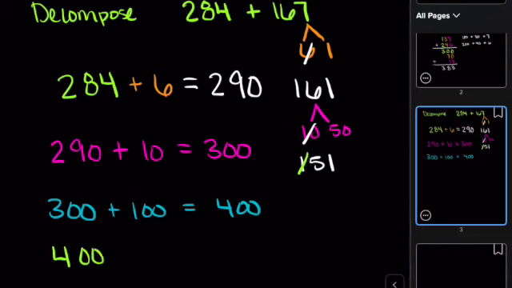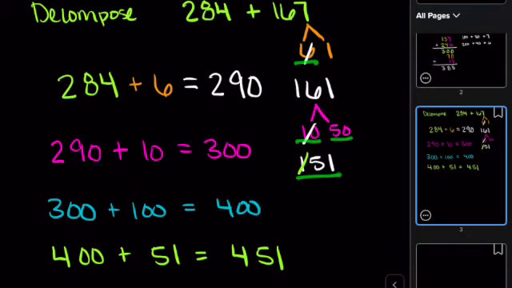So we can add 400 plus 51 equals 451. Really all I'm doing is breaking it up into easier chunks so I can add in a way that makes a little more sense for me.